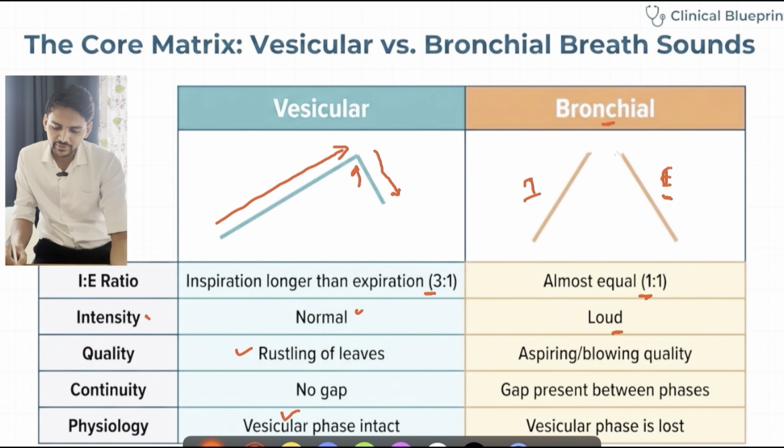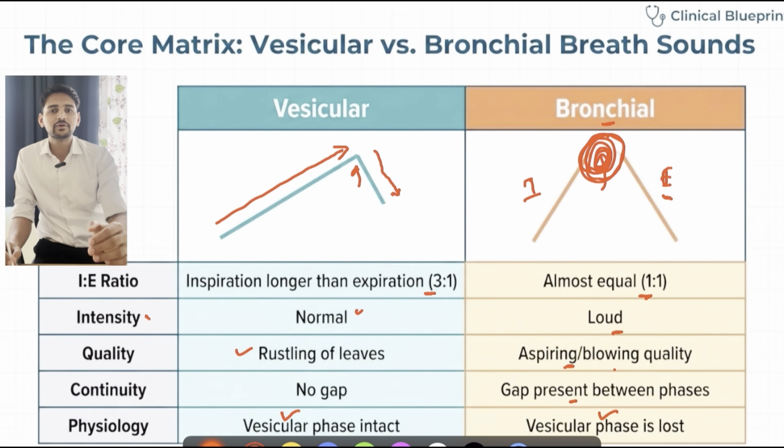And what type of quality will be there? It will be aspirating or blowing quality, we can say. Hollow it will be. And there will be presence of a gap between inspiration and expiration. Why is it happening? Because there is loss of the vesicular phase. So this vesicular phase, whatever filtration was happening, that is lost.